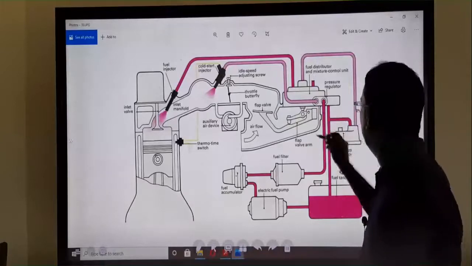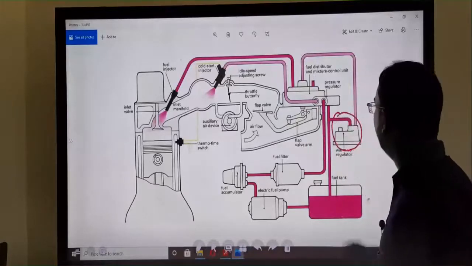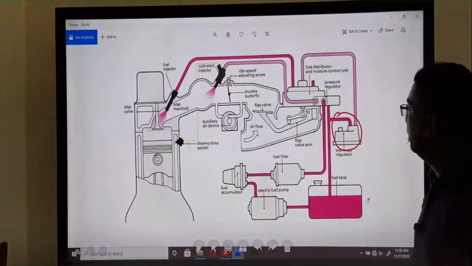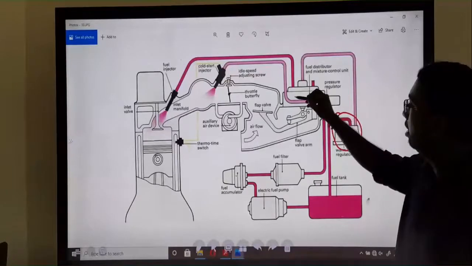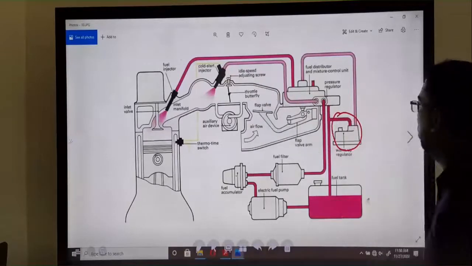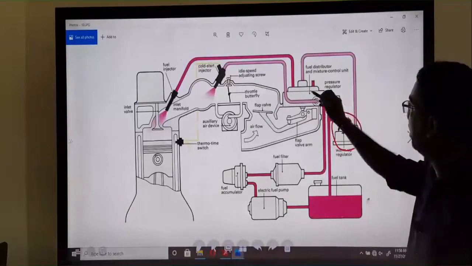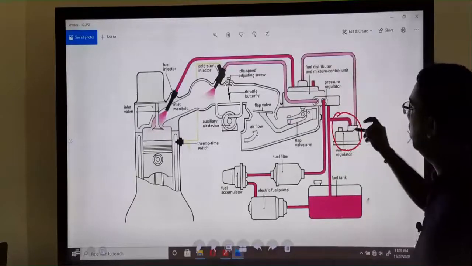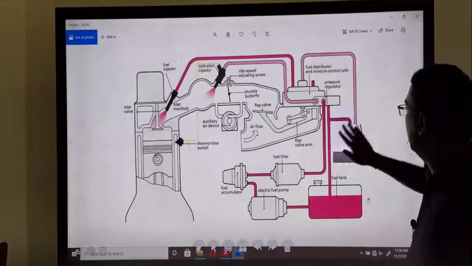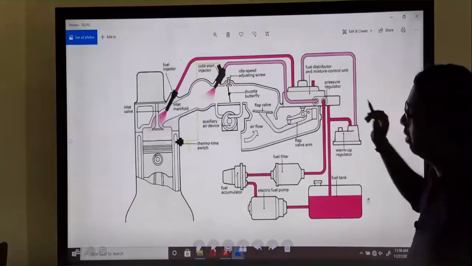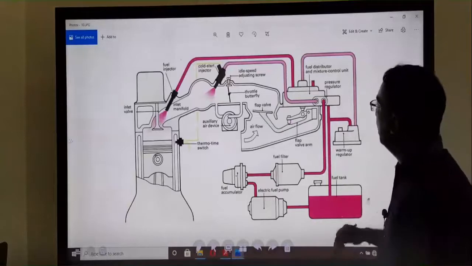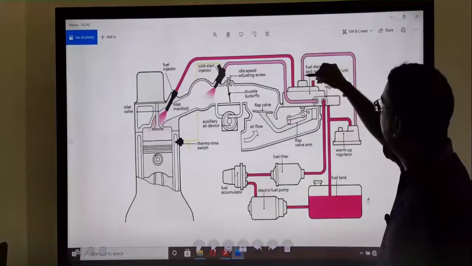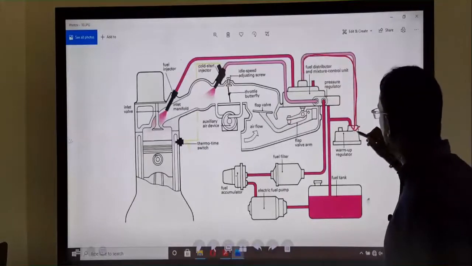So this warm up regulator is a secondary regulator. This is a primary, this is a secondary regulator. This is connected with this cold start line. This controls the normal pressure line. This controls the pressure of the cold start line. When we reduce the pressure, the extra fuel comes to here.